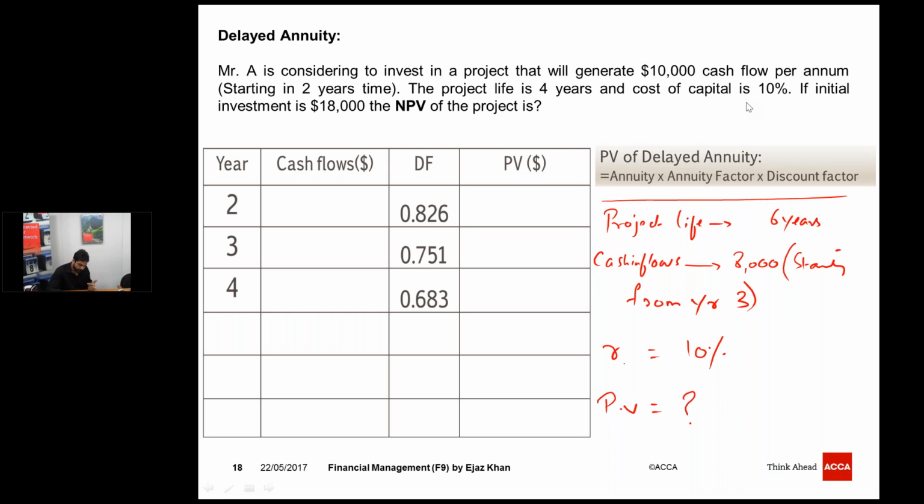So we'll take the discount factor of year 2. Remember, we're not going to take annuity factor again. We're just going to take the discount factor. So discount factor for year 2 at 10% will be 0.826. So this is our discount factor for the question.